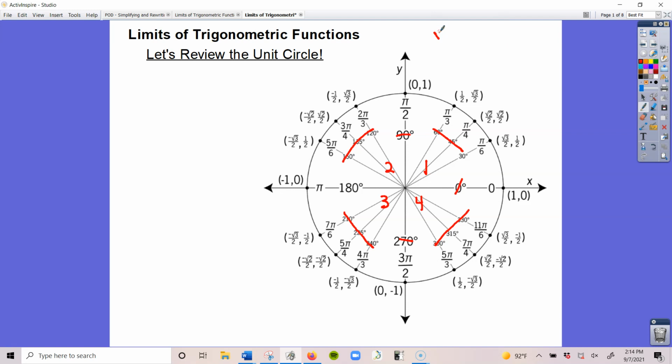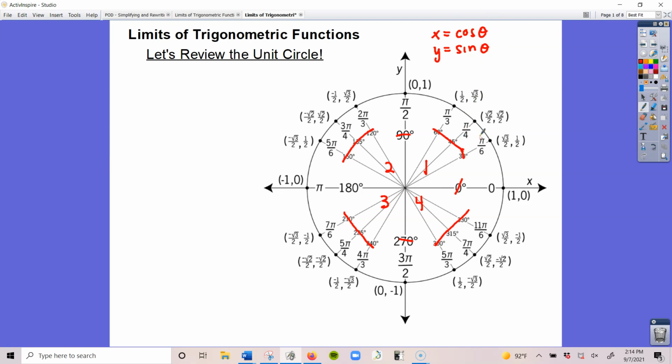So just as a reminder, this is because the x is the cosine of the angle, and the y is the sine of the angle. As long as you know cosine and sine, you can figure out any of the other trigonometric functions, since the rest of them all have to do with cosine and sine.